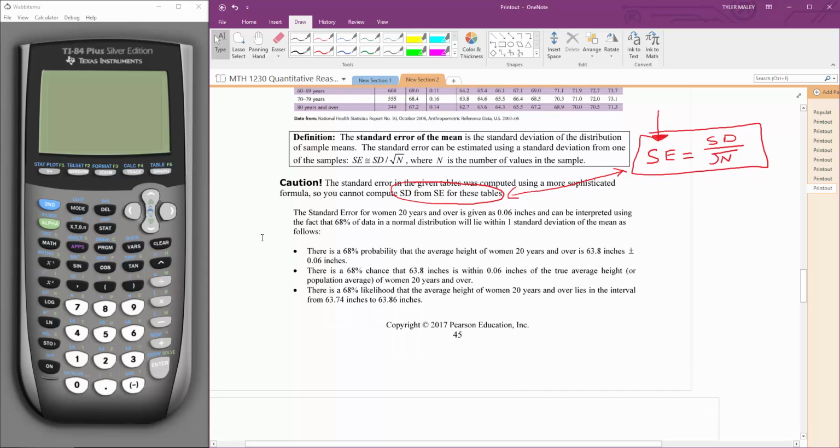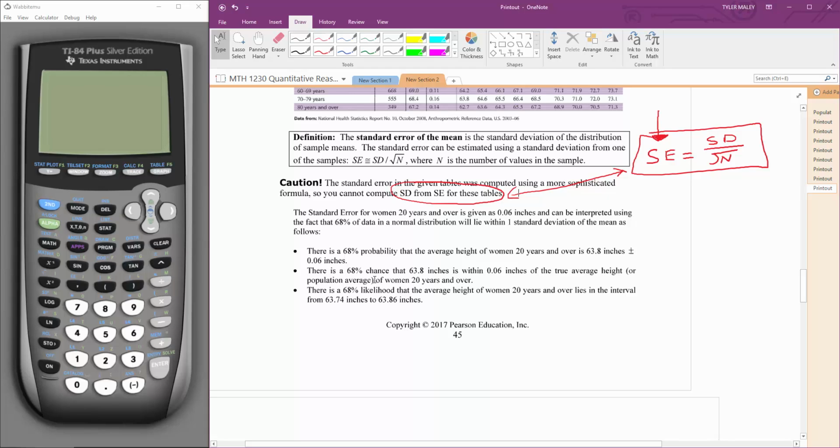Now it says the standard error for women 20 years and over is given as 0.06 inches and can be interpreted using the fact that 68% of the data in a normal distribution will lie within one standard deviation of the mean, as follows. There is a 68% probability that the average height of women 20 years and over is 63.8 inches plus or minus 0.06 inches.